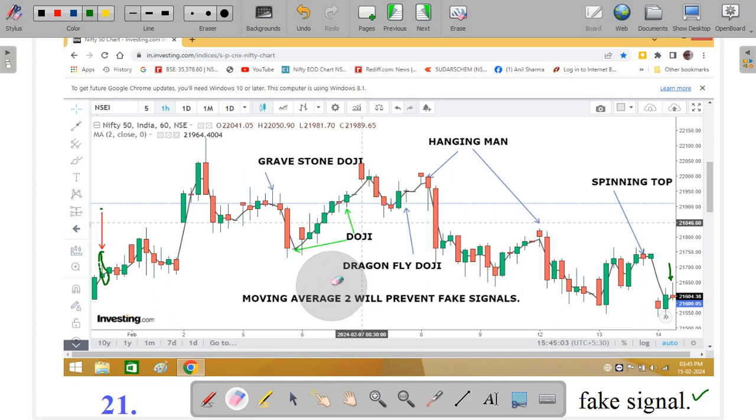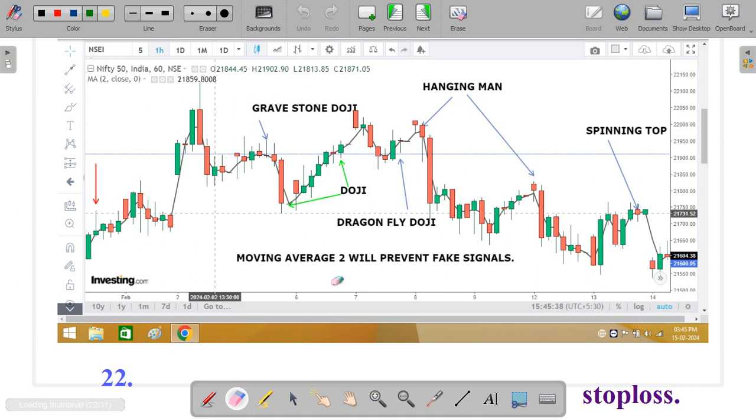Now friends, let us see where to put the stop loss, in swing trading or in an intraday trade. Supposing this is the candle which we are dealing with. Fine, this is a Marubozu. So our stop loss for this candle will be the opening price of this.